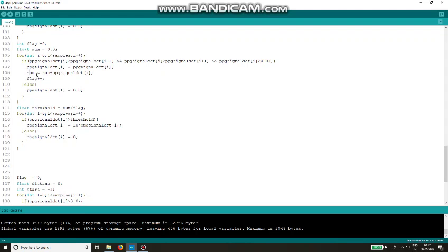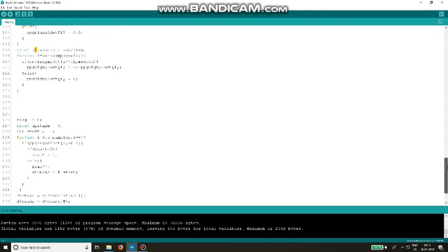We will first calculate the sum and then divide it by the number of maximas, which will give us the threshold. We will be considering all the maximas that are above this threshold for evaluation of the beats.